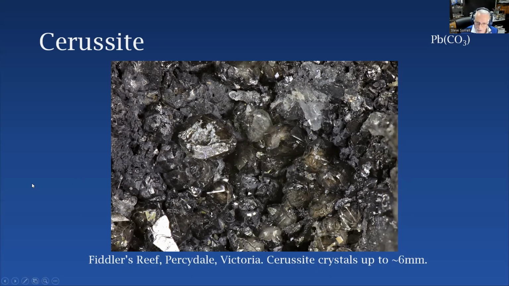This wasn't collected on this trip. It dates back to the late 1970s, when they came across a sulfide zone about 1.5 meters wide, and this came out of that.